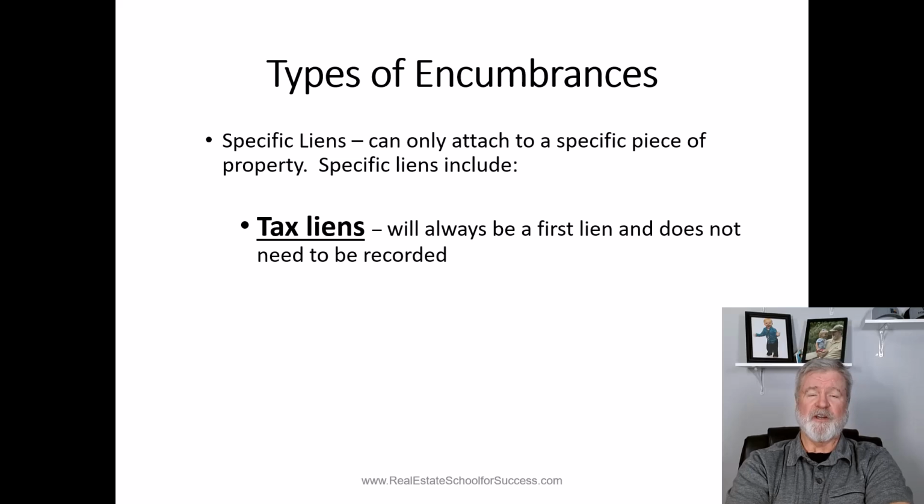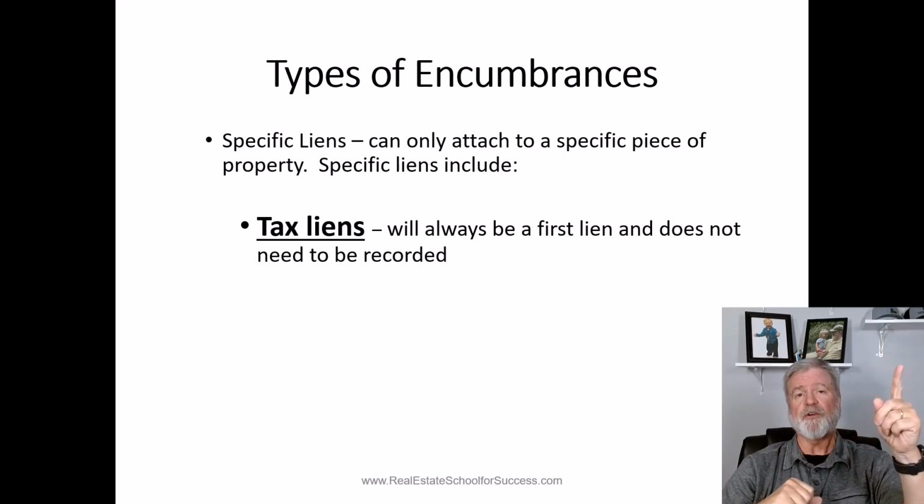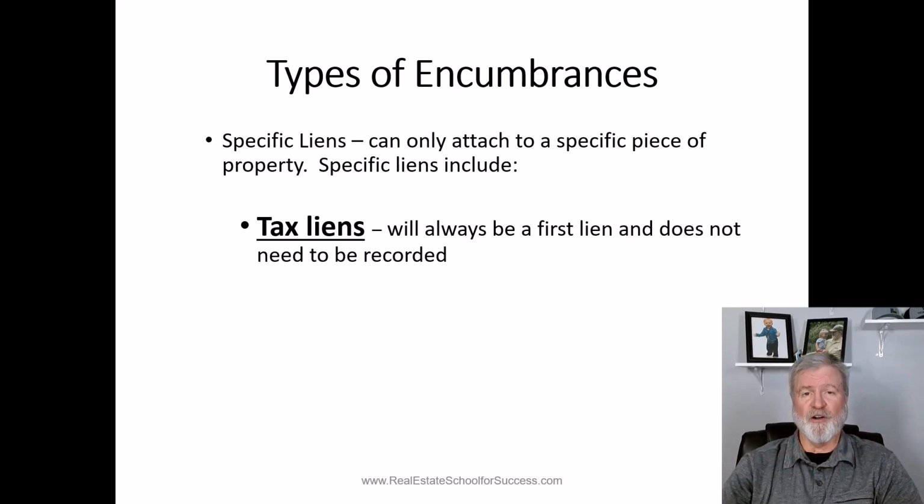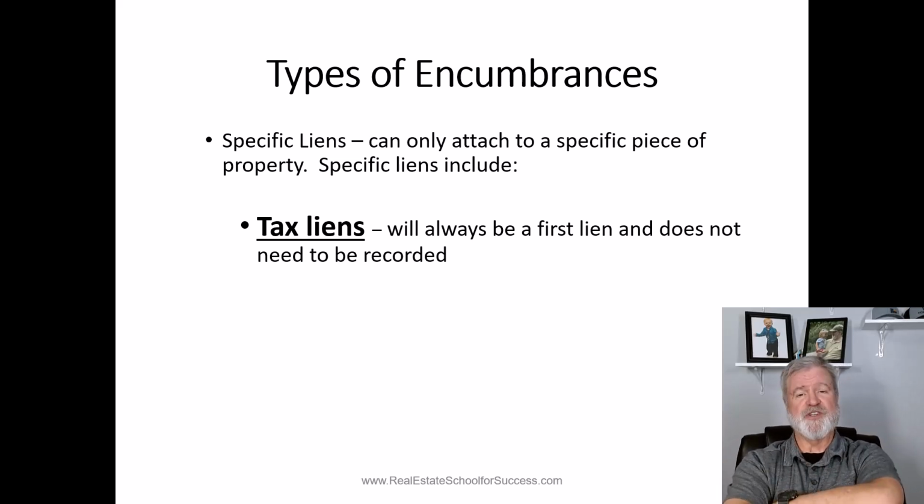The government's going to get theirs first. All right? If you didn't know it, now you do. The government's going to get theirs first. So the tax lien is always going to be the first lien, regardless of whether it was ever recorded or not. That's what they're saying here. That's all they're saying. But anyway, so a tax lien, that's another example of a specific lien.